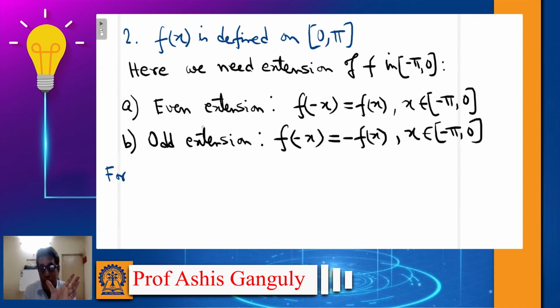The full series, what I wrote at the beginning, is called the full range Fourier series, which contains both sine terms and cos terms. Here it will be a half range series.